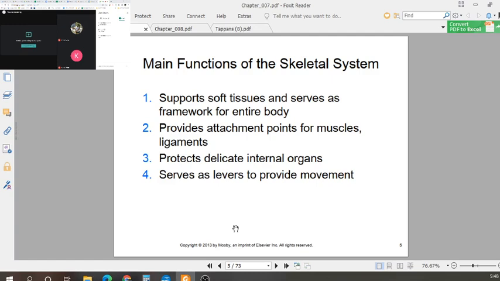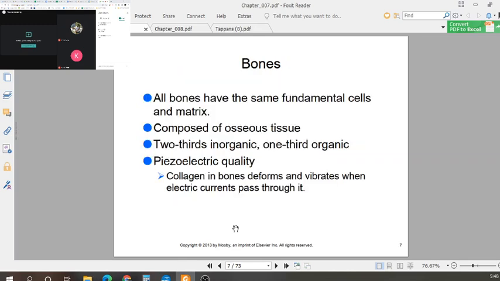Okay? So, when we are an adult, we have about 206 bones on average. There's a little bit of wiggle room. We have more when we're a baby, up to 300. So they start fusing together and becoming larger bones as we grow and are an adult.